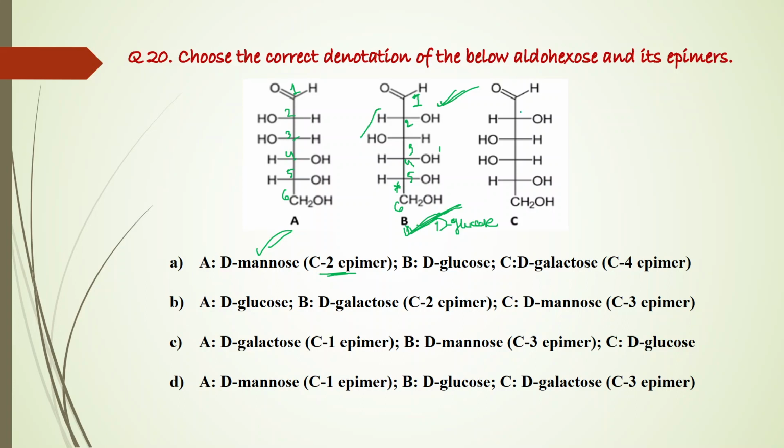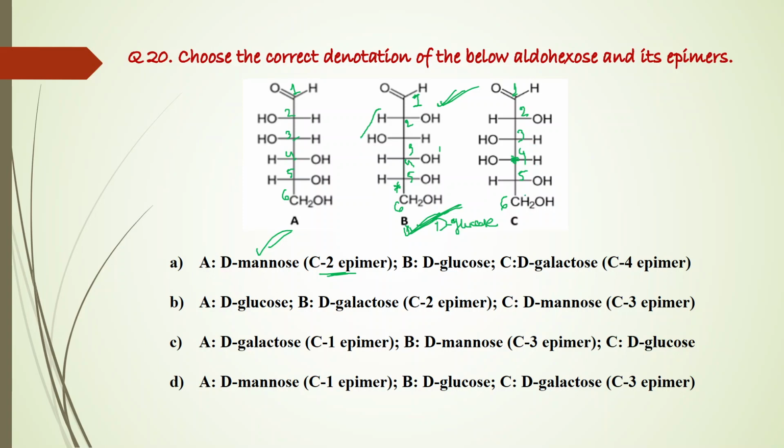Now let us look at the structure for C. Again let us do the marking first: 1, 2, 3, 4, 5, 6. Position 1 is the same, 2 is also the same, 3 is the same. We can see a stereochemistry change between B and C in the fourth carbon atom. 5 and 6 are again the same.